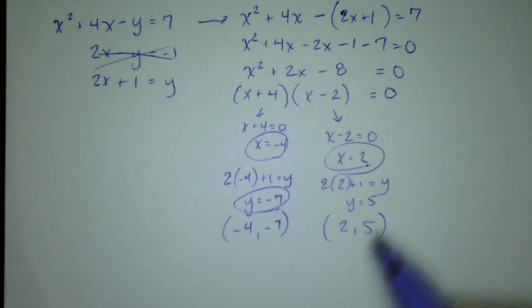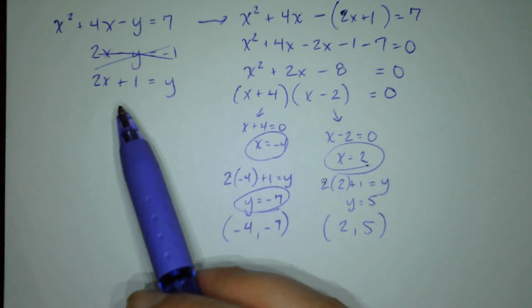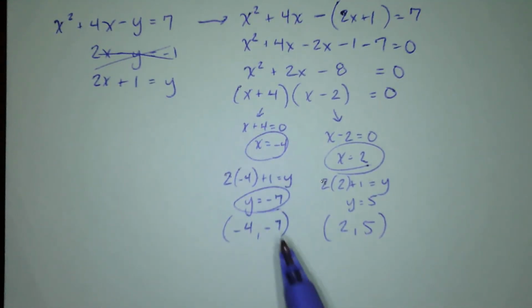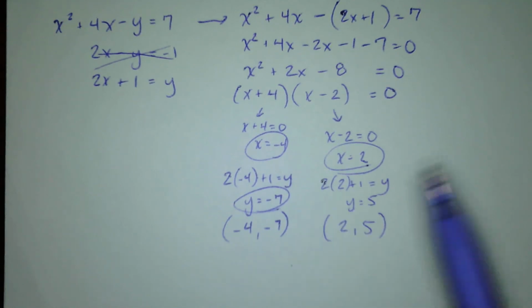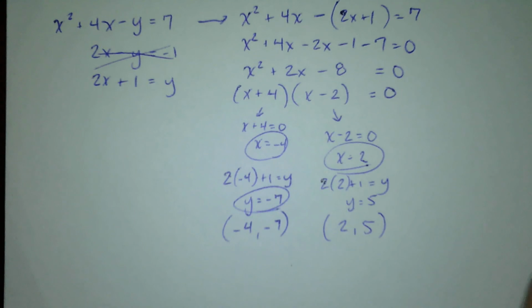And yes, I would love for you to graph these two on Desmos or your graphing calculator and verify that these two points are in fact where they intersect. It will work. I find this kind of neat. I mean, I find most of our topics neat, but I think this is neat whenever you do them this way. So anyhow, check them out.